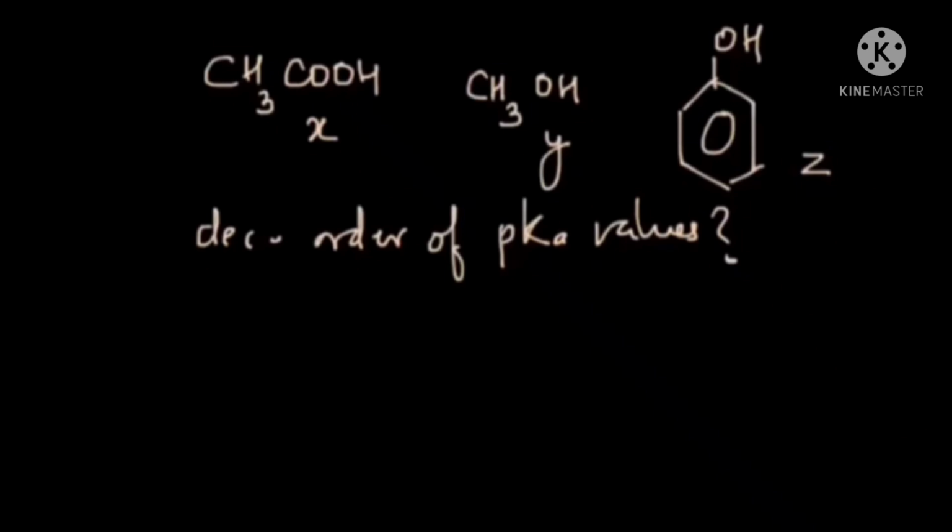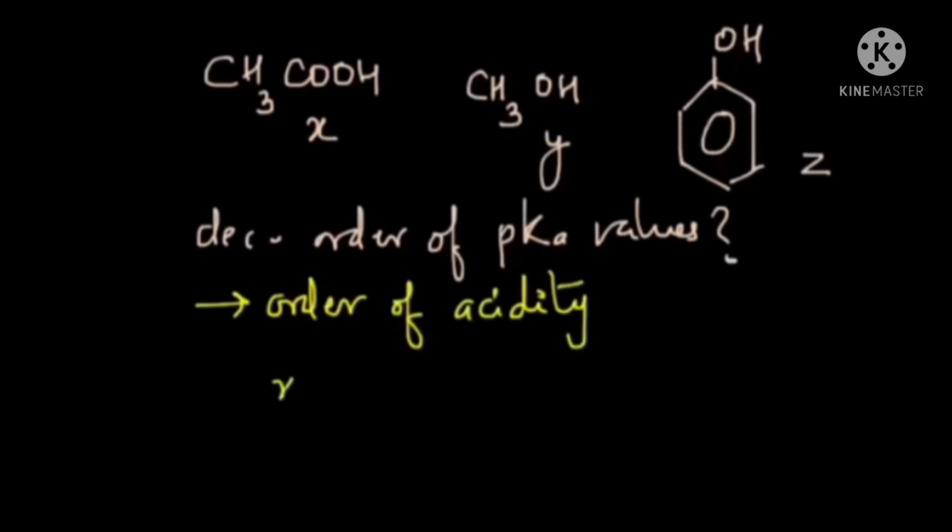The first step to solve this problem is to find the order of acid strength. And you know that acetic acid is a stronger acid than phenol, which is stronger than methanol. If you have trouble deciding this order of acidity, watch my videos on relative strength of acids and bases and you will have no problems doing that.